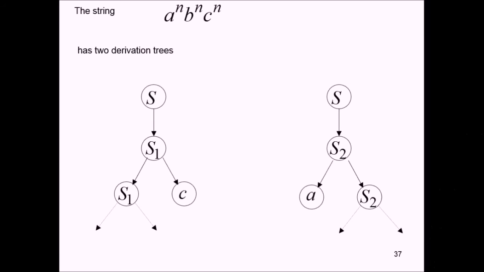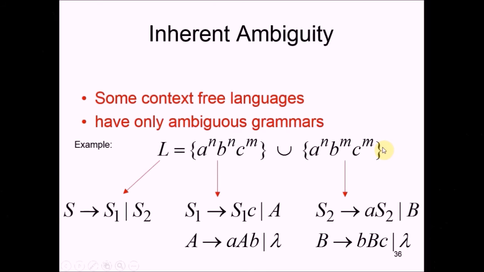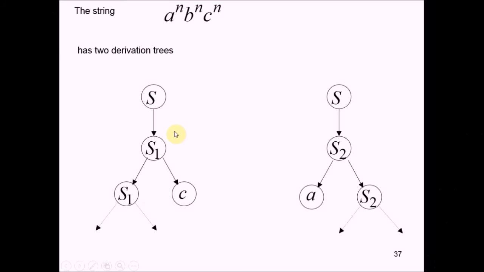Taking the union, we get strings a^n b^n c^n, which have two derivation trees, as mentioned here, one is this, the other is this. So we can conclude that for this grammar, those are the rules as we discussed earlier, and the ambiguity can't be removed from these.